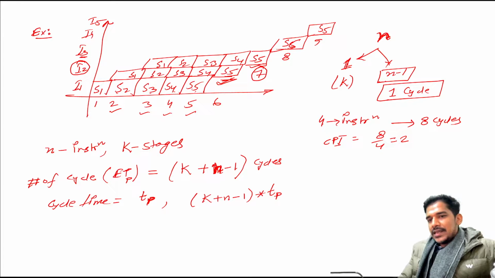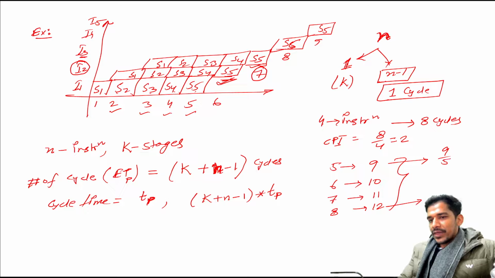That means in the 9th cycle 5 instructions will have been executed. Then the 6th instruction will be executed in the 10th cycle, the 7th in the 11th cycle, the 8th in the 12th cycle. So you can see here, as you increase the number of instructions, the CPI is decreasing. In this case the CPI will become less than 2 because 9 by 5 is less than 2, right?